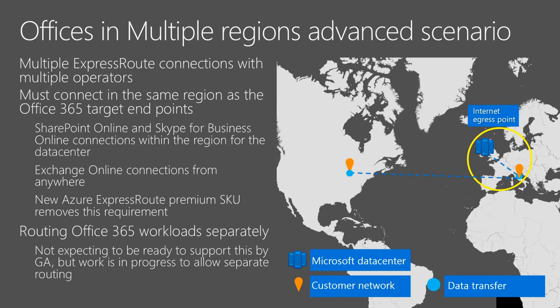It has a higher price, and that's to cover the extra bandwidth. They do have some additional features as well where they allow for more routes to be broadcast between the 2 networks and some other things. So it's a great option if you want to make use of Microsoft's network to backhaul your data to Office 365 across the world. If you don't use the premium SKU, you need to be able to connect in the geographic region where the tenant for Office 365 is.